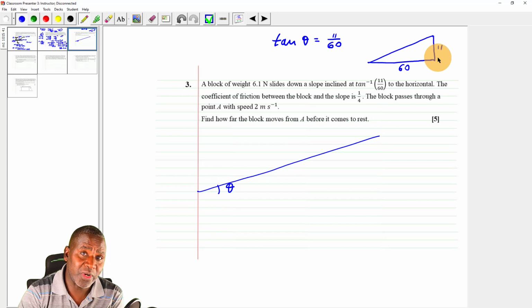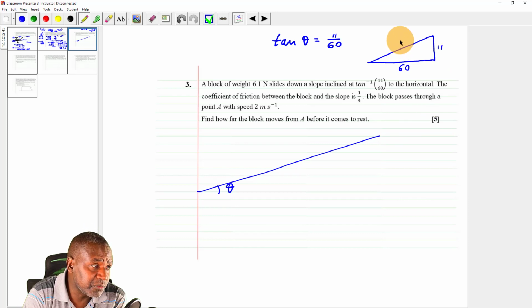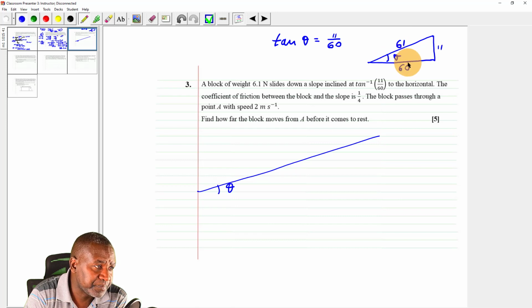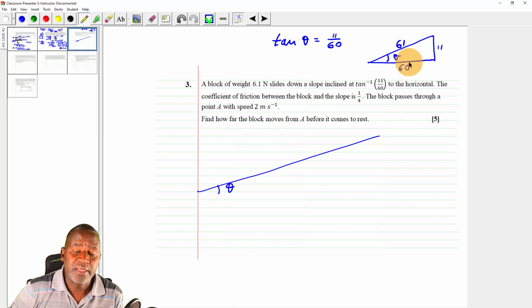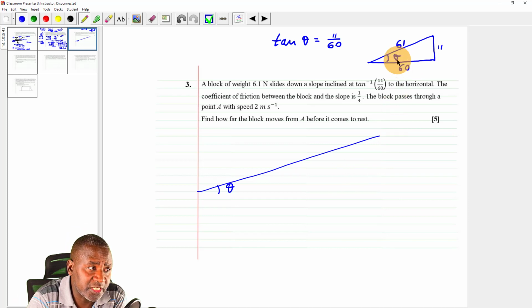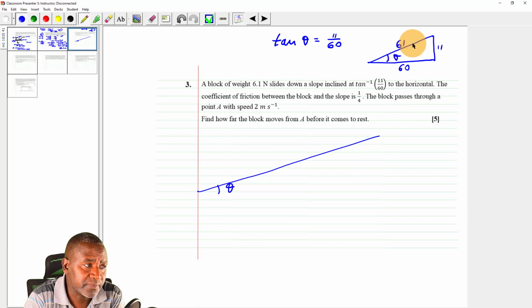It gives me 61, indeed the hypotenuse. So if this is theta, cos theta is 60 over 61, sine theta is 11 over 61, and of course tan theta is given.